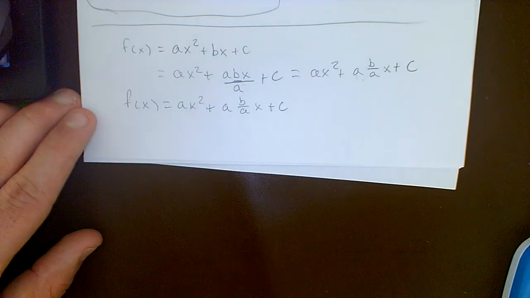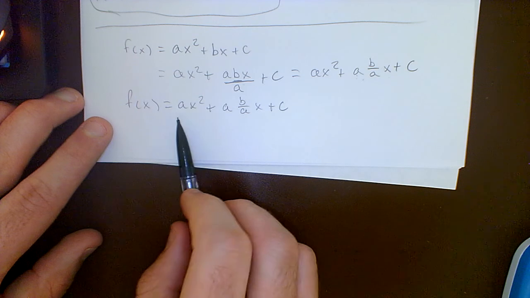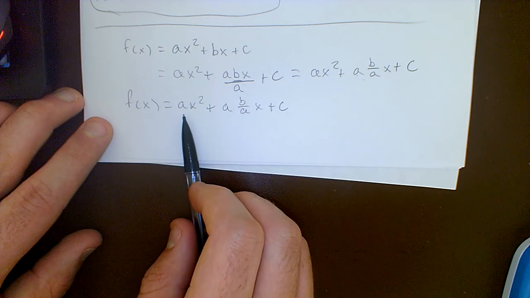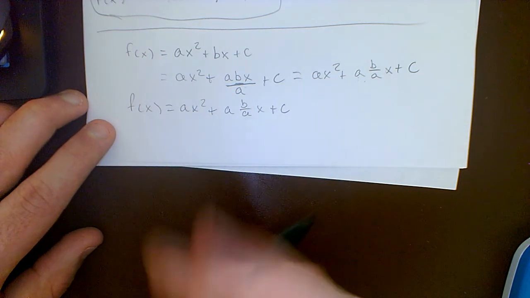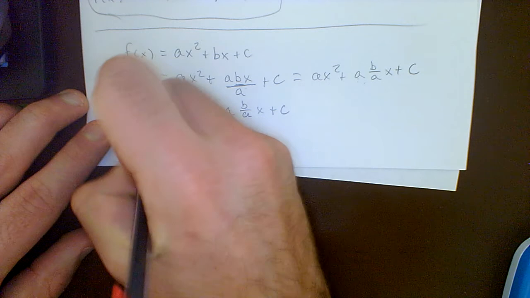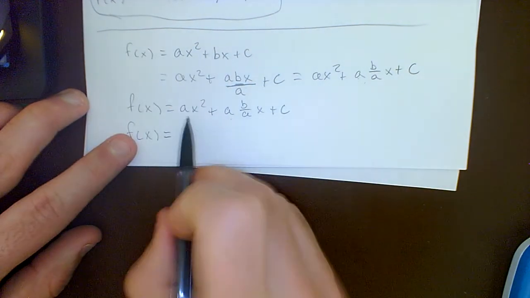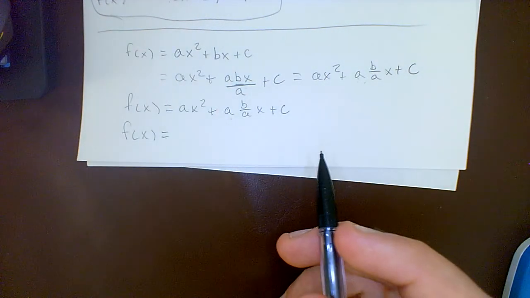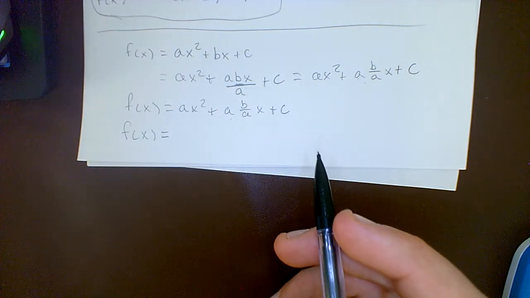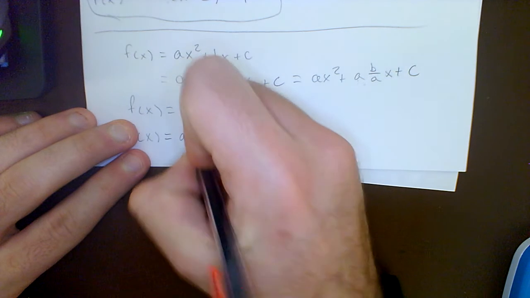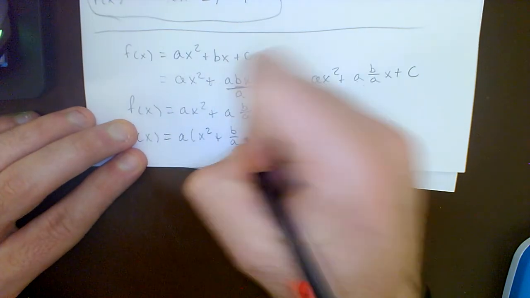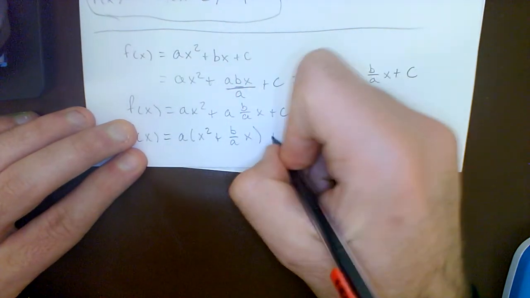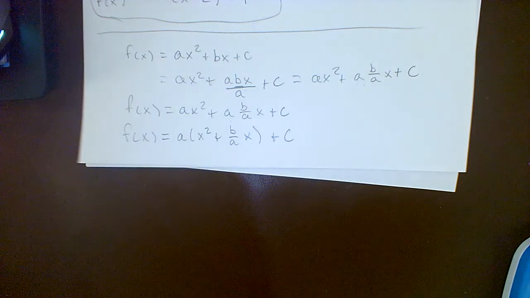Okay. So now what we do is we're going to take, out of these first two terms, we're going to factor out an a. So f of x equals, because there's an a in both of them, because we rigged it that way, a times x squared plus b divided by a x, and then also plus c.